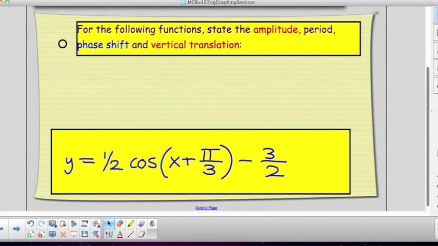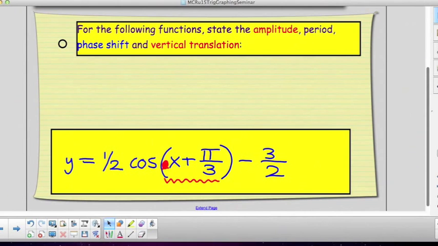Now your very first step is to look at the phase shift portion, the bracket portion of your equation, and make sure there is nothing in front of your x term that needs to be factored out, because if there was a number in front of my x term, then that would be a horizontal stretch or horizontal compression that I would have to make sure has been factored out. We're going to do that for the next question. Right now, there's no number in front of x, so I can analyze this equation.